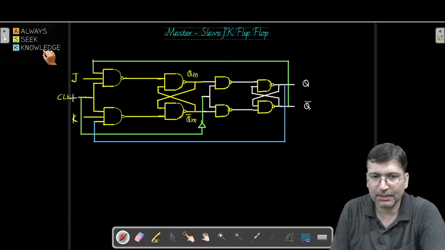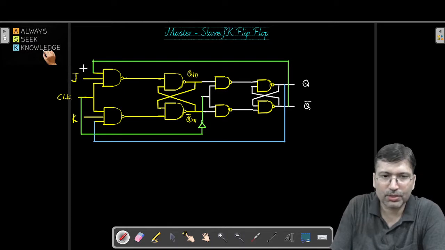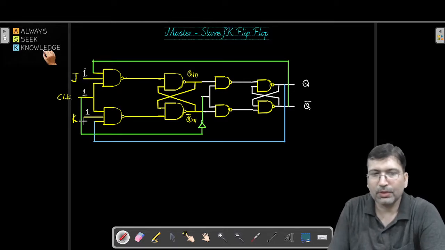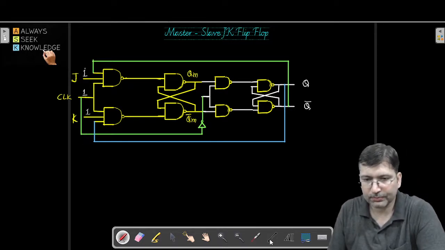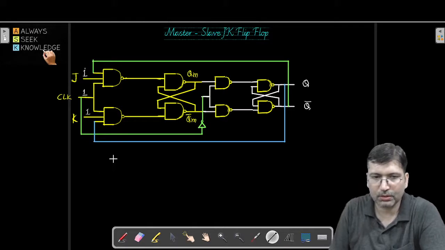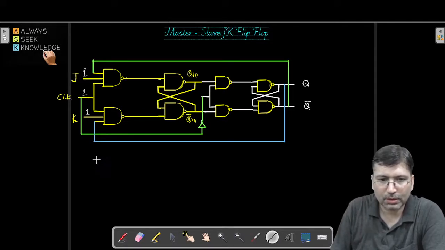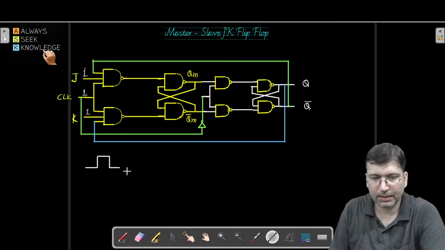So let's assume J is 1, K is also 1, and the clock is 1. In case all these three are 1 initially, I'm just taking one clock. So we can draw the clock like this, and this clock we can repeat multiple times.